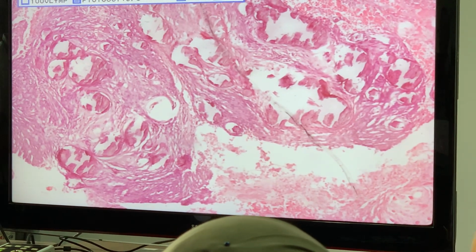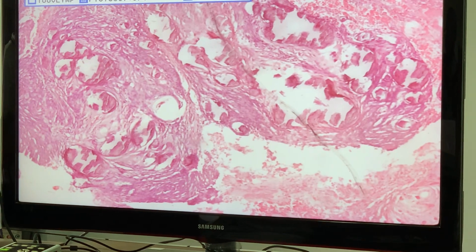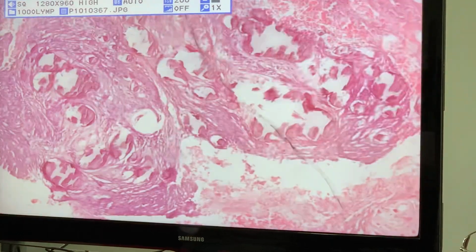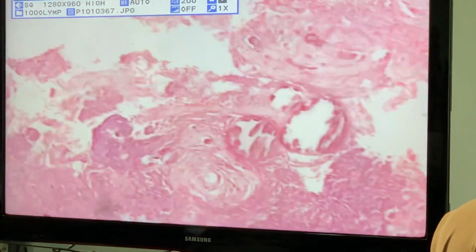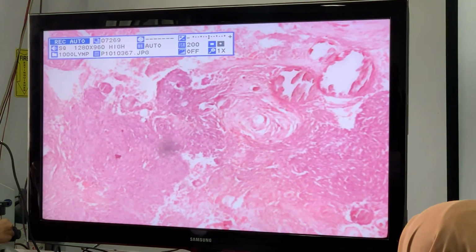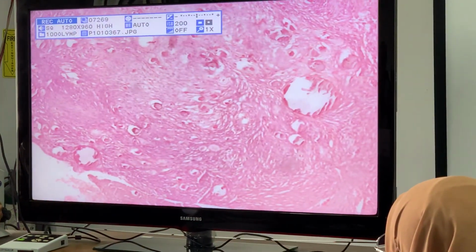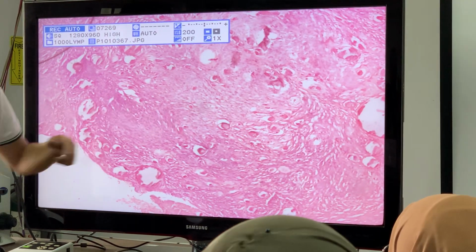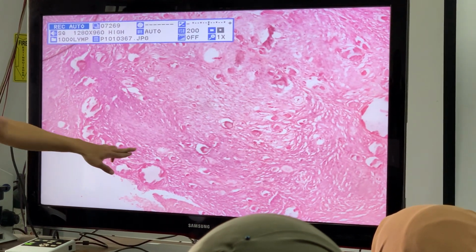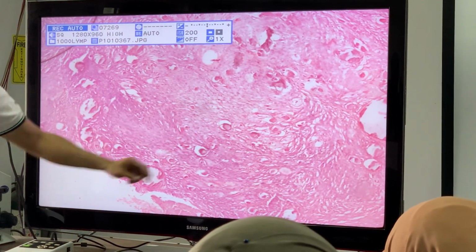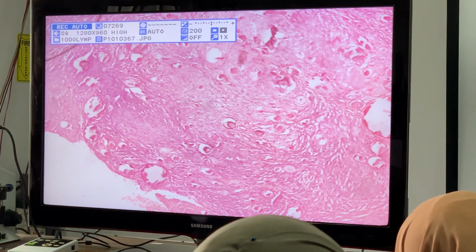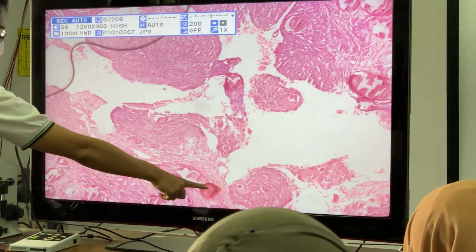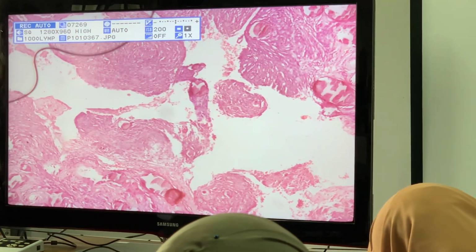This is dystrophic calcification. Some of them are forming nice concentric structures, which are psammoma bodies. This is a meningioma. There's a lot of them. Okay, this is a meningioma.